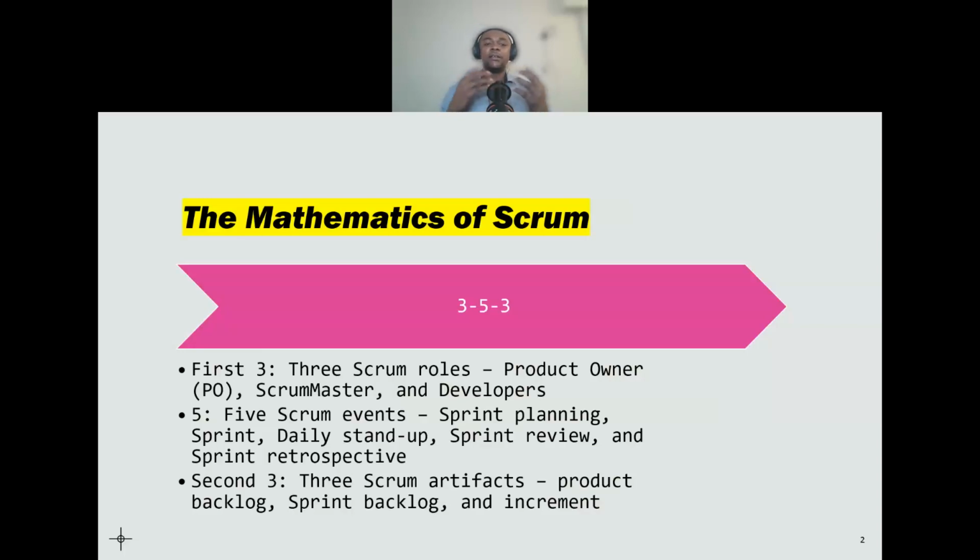All right. The first 3 is called the 3 Scrum roles. In Scrum, there are 3 roles, right? We have the product owner, we have the Scrum Master, and we have the developers. These 3 roles make up the Scrum team.